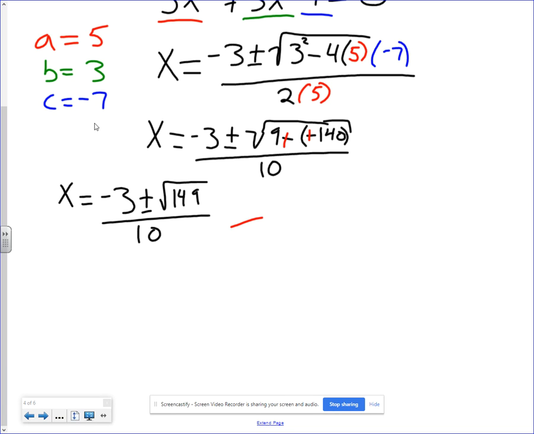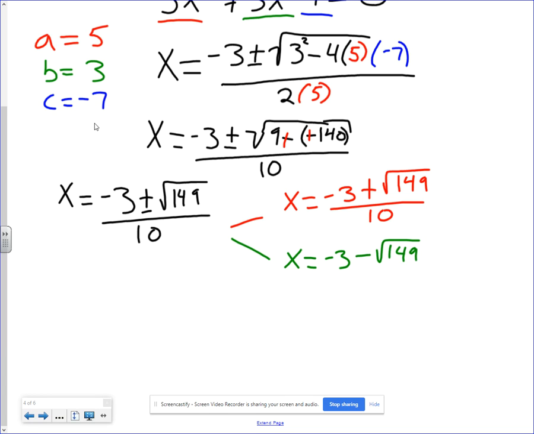When we expand upon plus or minus again, we'll have x is equal to -3 plus the square root of 149 over 10, and then x is equal to -3 minus the square root of 149 over 10. We can't simplify this anymore, so these are the two roots of our equation.